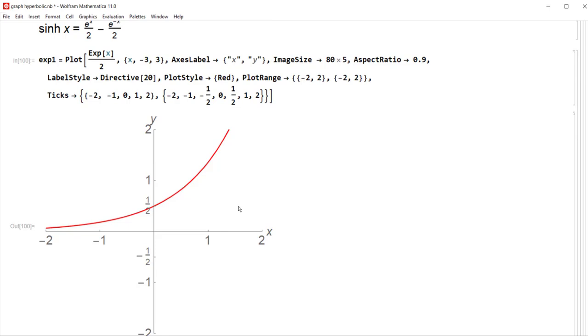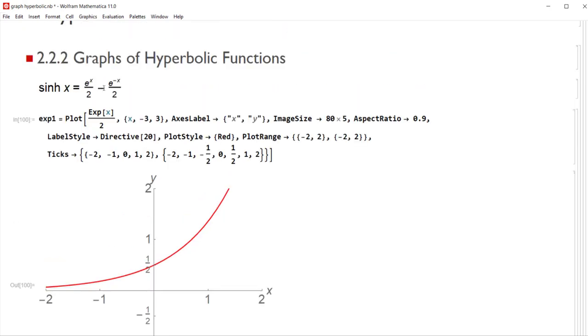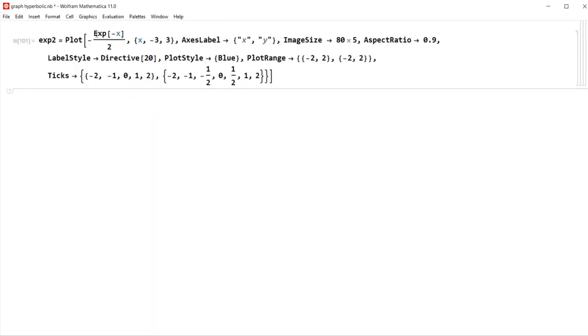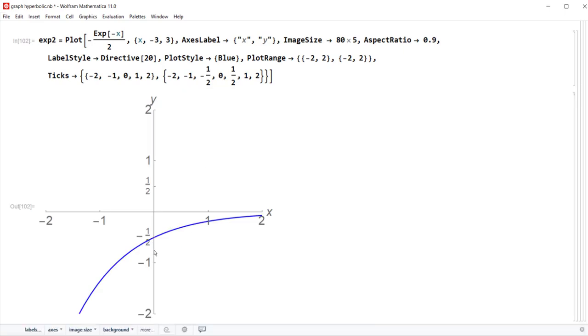Next, we look at what happens if we plot negative e power of negative x divided by 2. When we plot this, we get a graph like this.